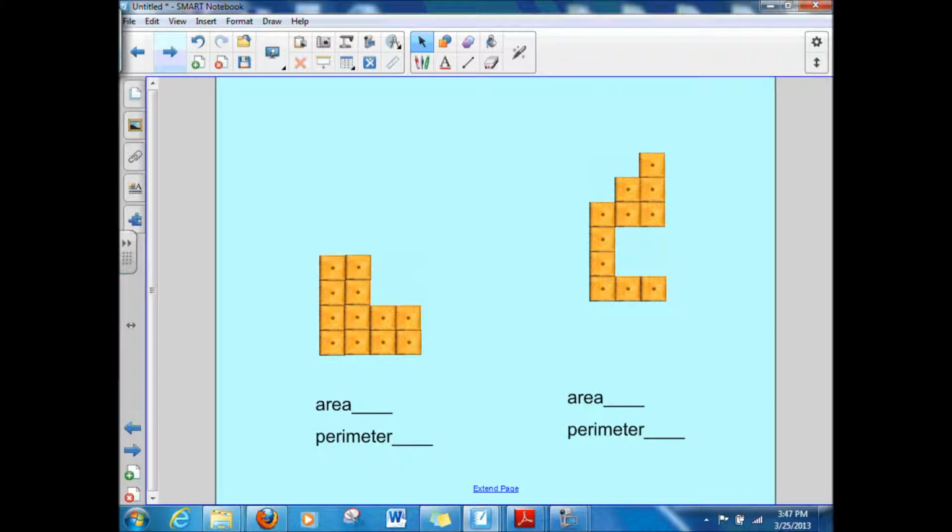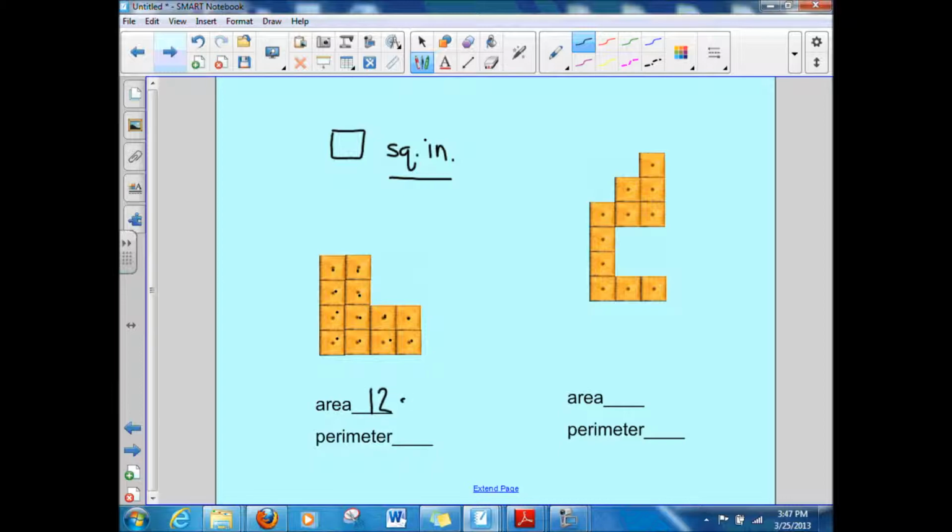We've got 2 figures here, and they're not squares or rectangles, but we can just count the number of Cheez-Its to figure out the area. Remember, a Cheez-It is equal to 1 square inch, so we'll use that one to be a little bit more mathematically correct. 1 square inch will be our label on these, and we count 1, 2, 3, 4, 5, 6, 7, 8, 9, 10, 11, 12. 12 square inches.